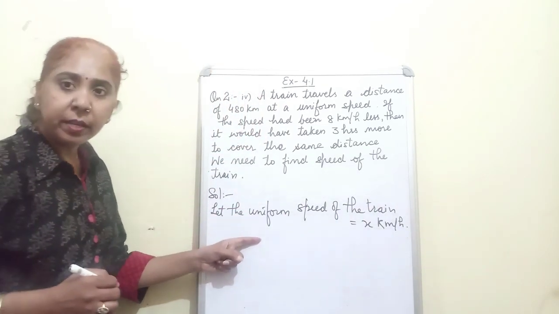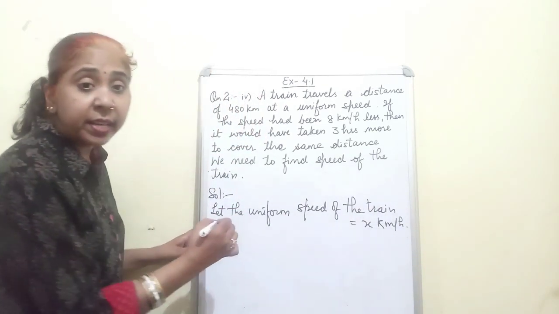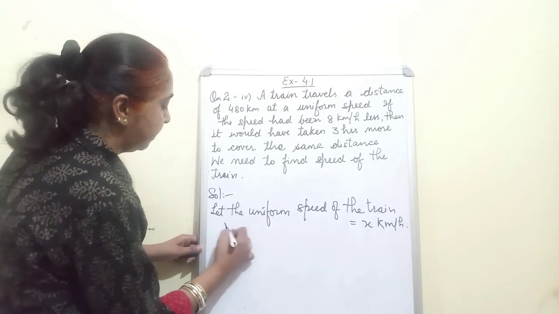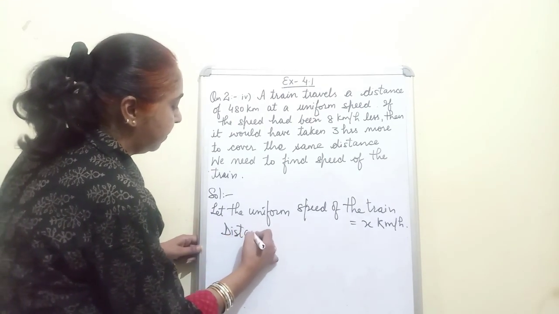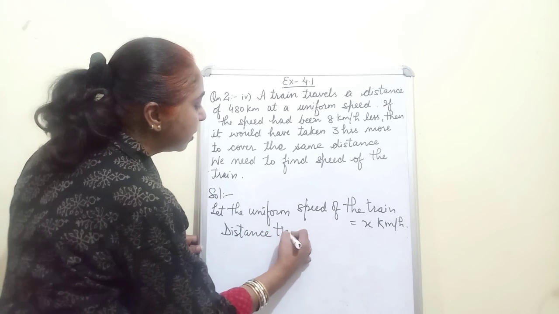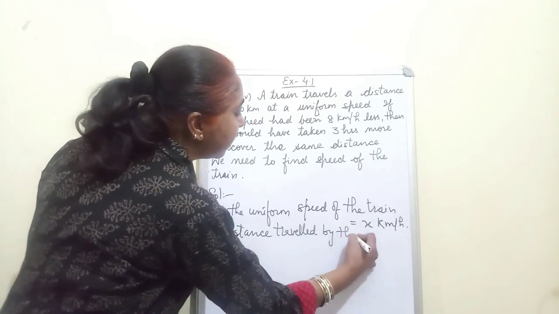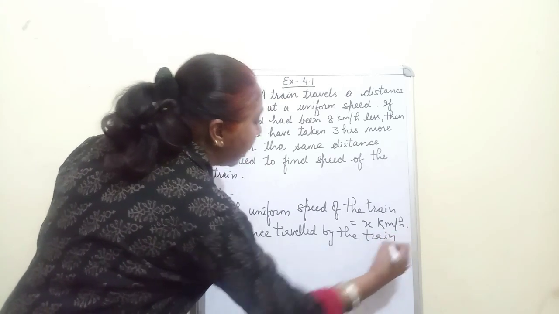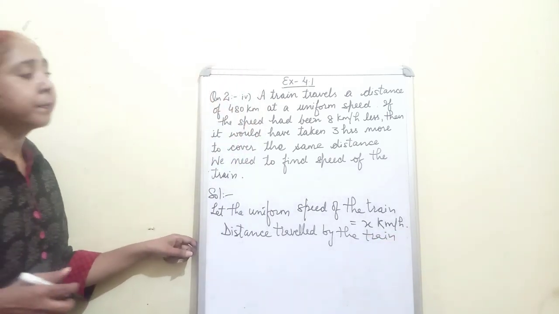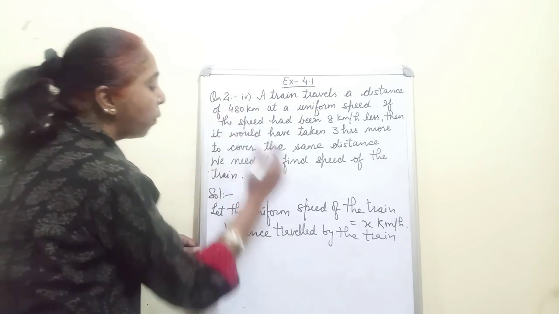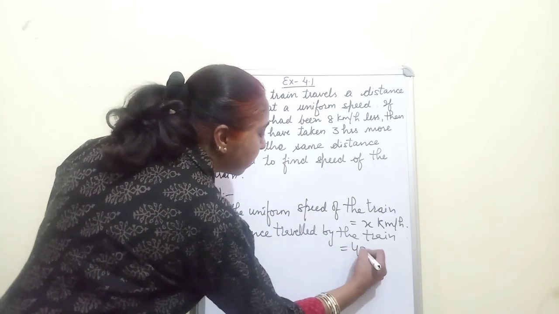If this is the speed, and the distance traveled by the train, how much distance is given here? Yes, 480 kilometer.